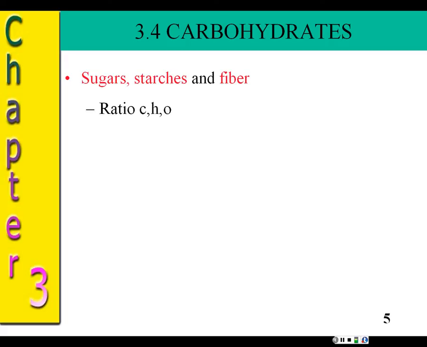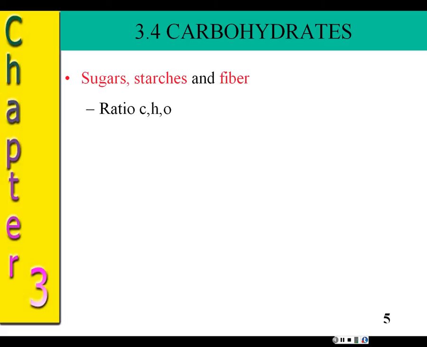Anytime we look at a carbohydrate, we have a ratio of carbon to hydrogen to oxygen of 1 to 2 to 1, always, or in most instances.